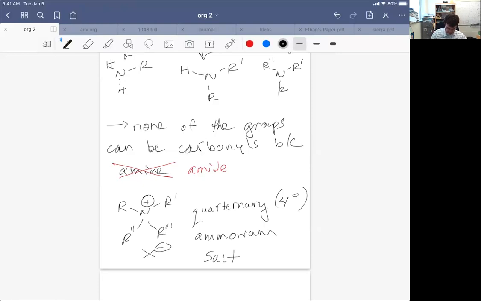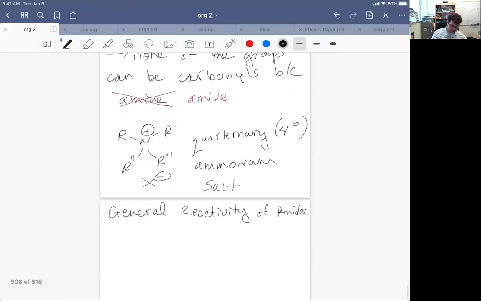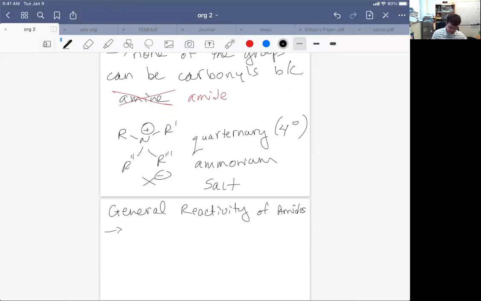Let's talk about the general reactivity and chemistry of amides. So to keep things short, amides are mostly unreactive.